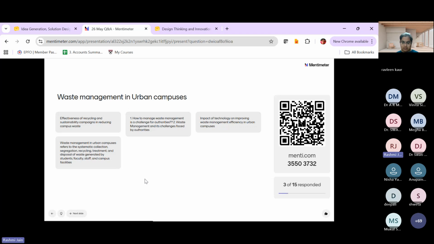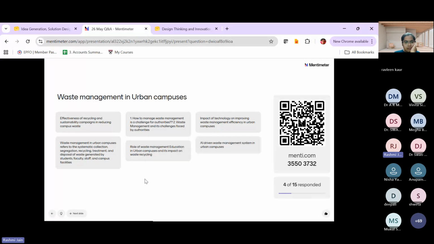Let's have two, three more ideas. Oh, very good. Role of waste management education in urban campuses and its impact on waste recycling.